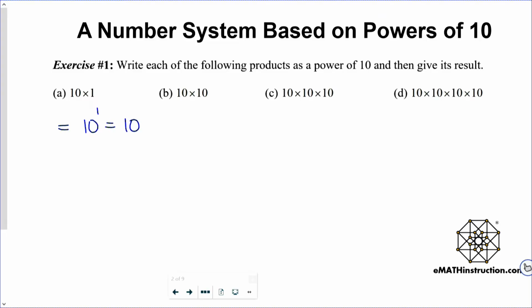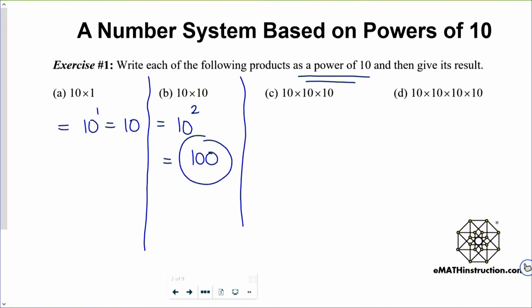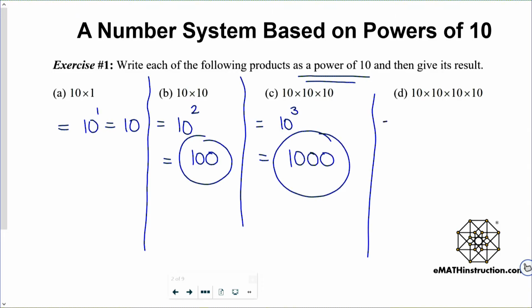That's maybe a silly one. 10 times 10, when we talk about powers of 10, is 10 to the second power, and of course, as we all know, that's 100. 10 times 10 times 10 is 10 to the third power, and that is 1,000. Really important. 10 times 10 times 10 times 10 is 10 to the fourth power, and that's 10,000.